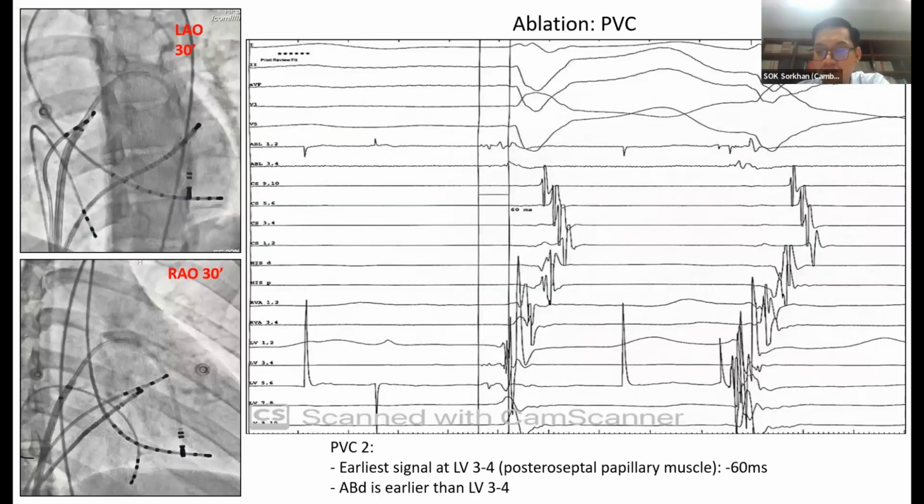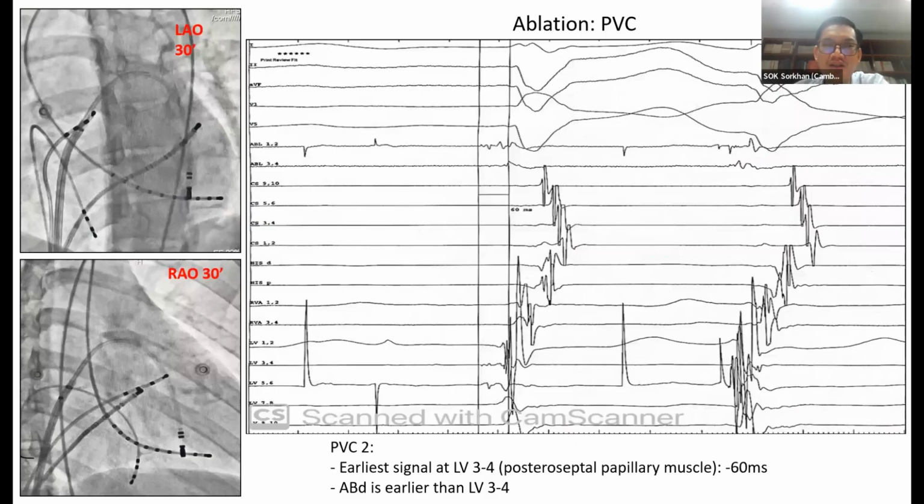But unfortunately, we could not completely eliminate the PVC. So we tried to map again around the papillary muscle, moving the catheter, pulling back, advancing, many times, but we could not eliminate the PVC completely. We feel our catheter is a bit unstable, maybe because of mitral valve prolapse.